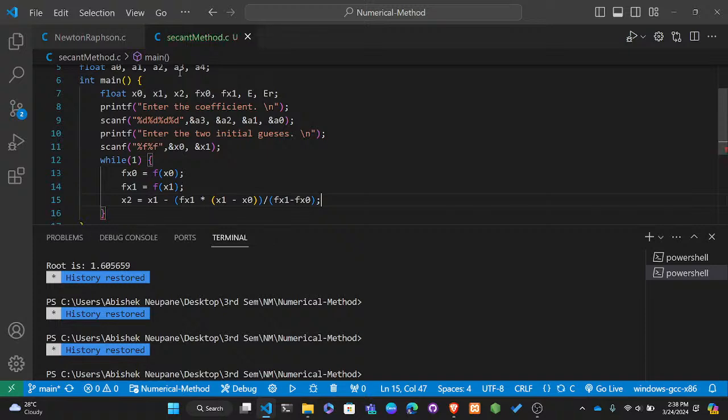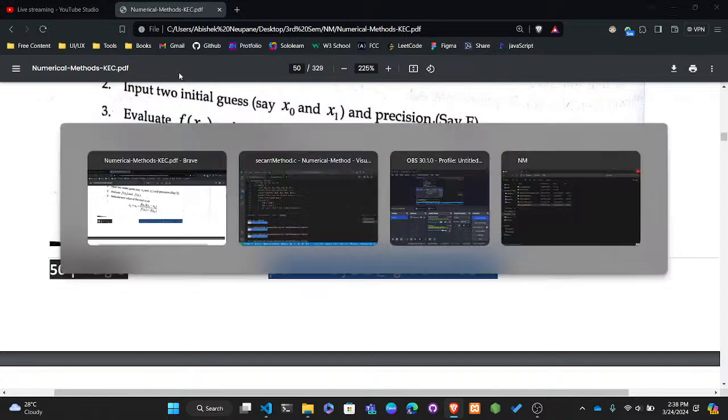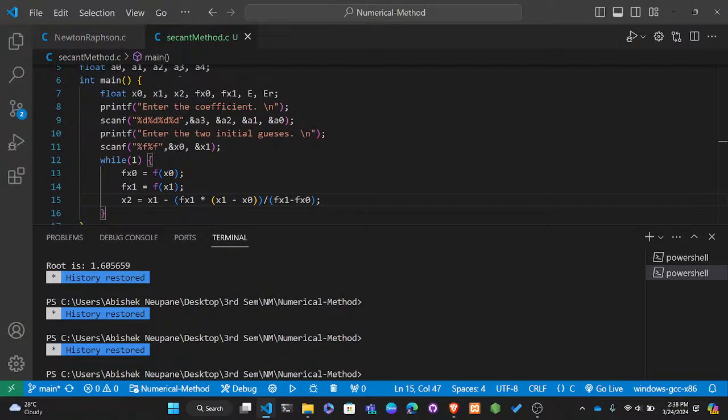Let's check for a second: x1 minus f(x1) into (x1 minus x0), and f(x1) minus f(x0). I think this is correct.